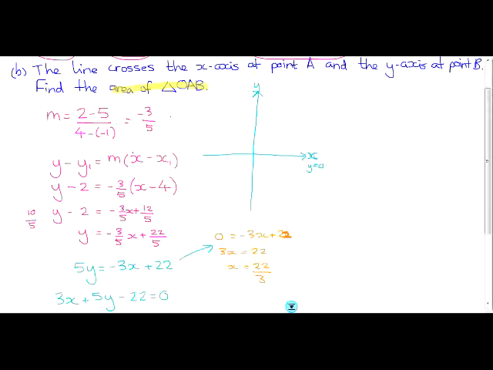So let's put that there. That's 22 over 3. Now, this is also called the line where x is 0, because that's every coordinate on there, x is 0. So if we now make the x to be 0, we have 5y equal to 22. So y is equal to 22 over 5. Okay, so let's put the y value up here. So this is point A, the one we started with.